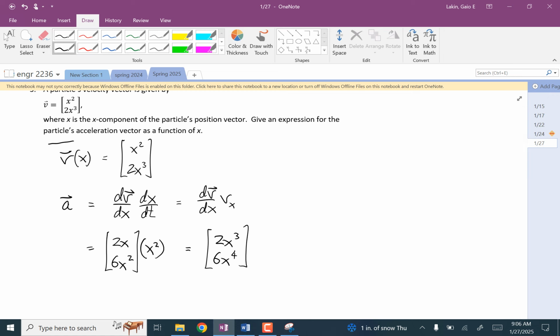Yes? Are we allowed to divide the x and the y component by x squared? Are we allowed to divide, you mean as a way to simplify the answer? Yeah, is this a vector that we're able to get a one in either our x or our y component? Say that again, I don't think I follow.